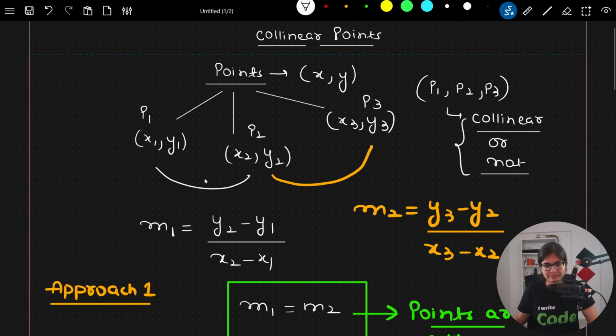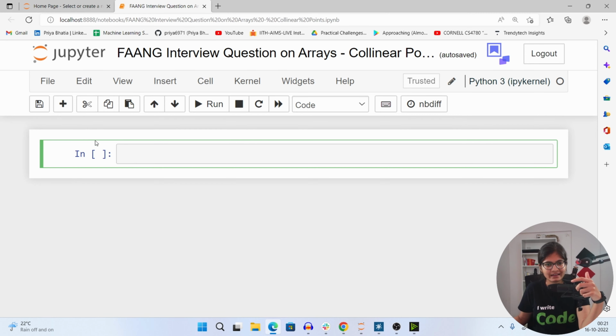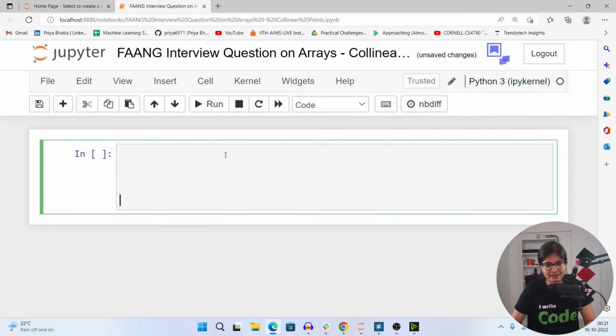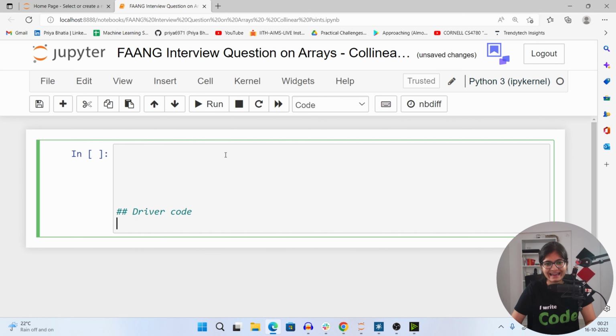Now let me try to do the implementation with these two approaches which we have discussed. Here, first of all, I can write the driver code where I define the points which I want to consider.